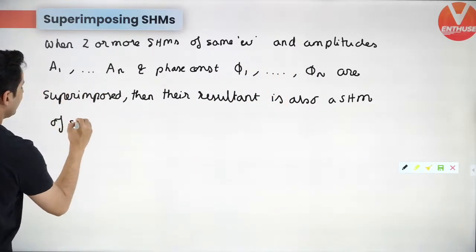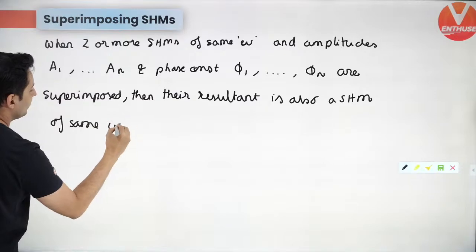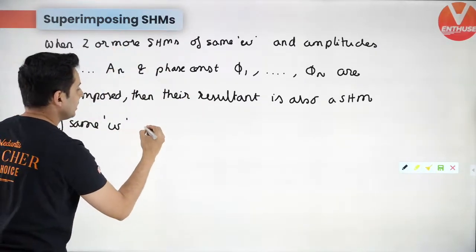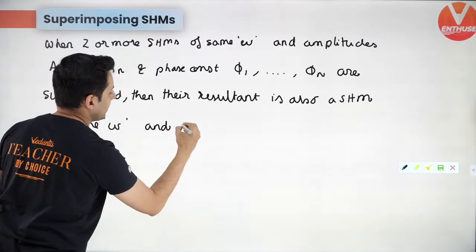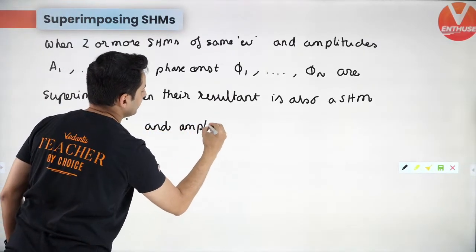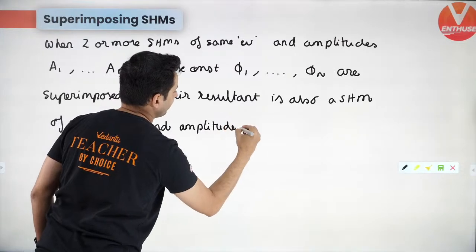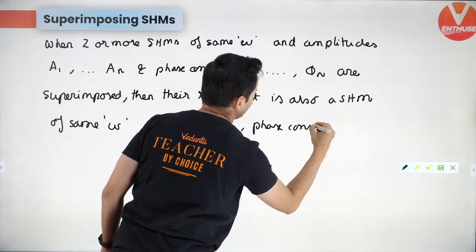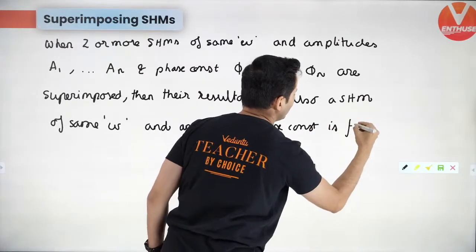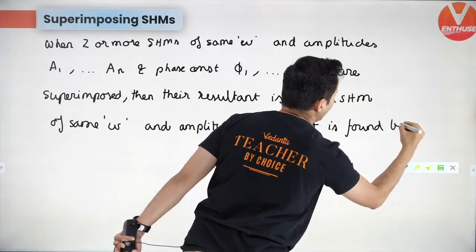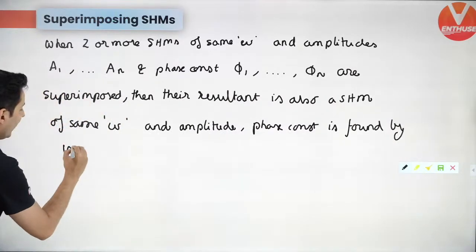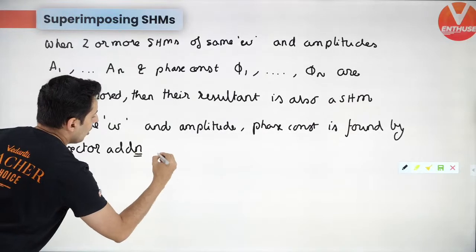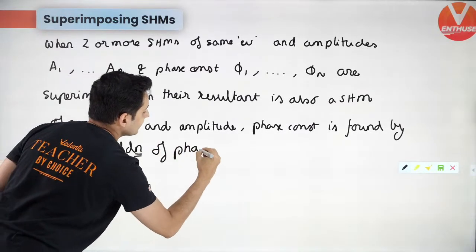of same omega. Remember that omega was the same because all those vectors will rotate simultaneously, and amplitude and phase constant is found by vector addition of phasors.